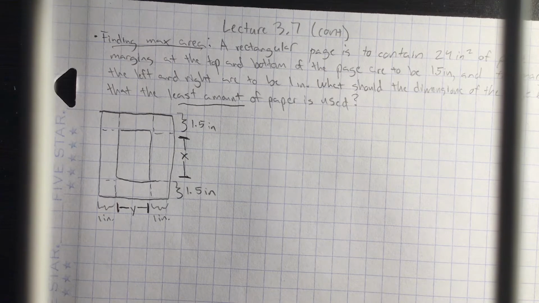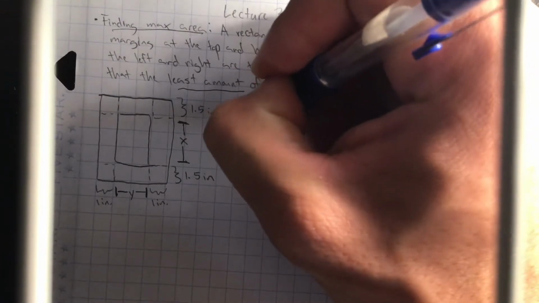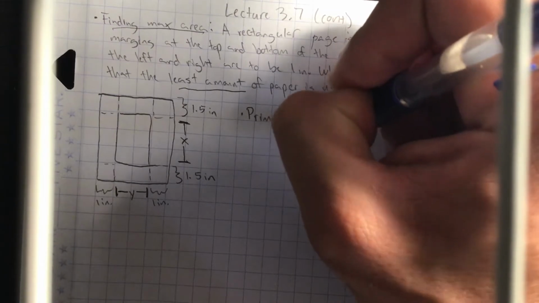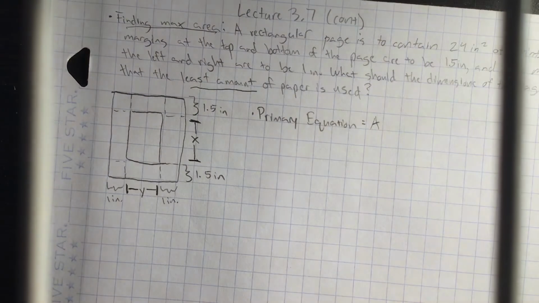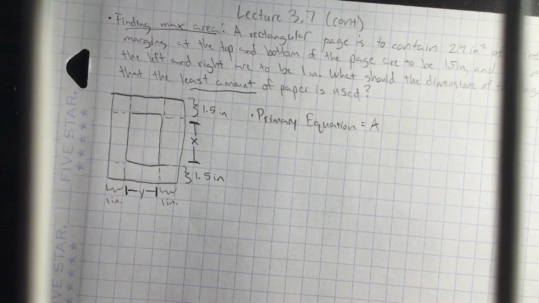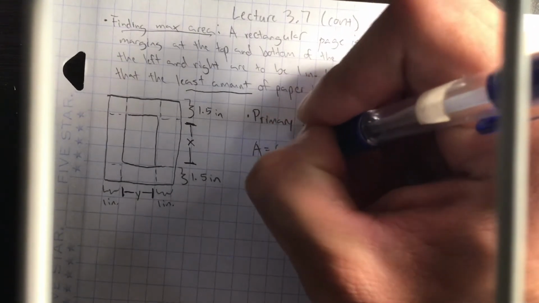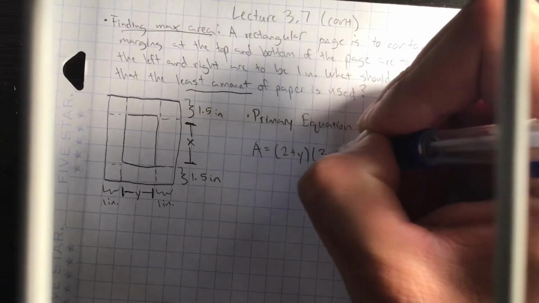So first we need to find our primary equation. And it's actually interesting because we have two areas. So the primary equation is going to be the area to be minimized, which is actually just A. And we know that area equals 2 plus y times 3 plus x.